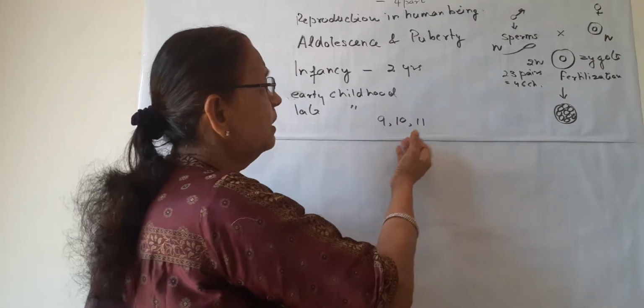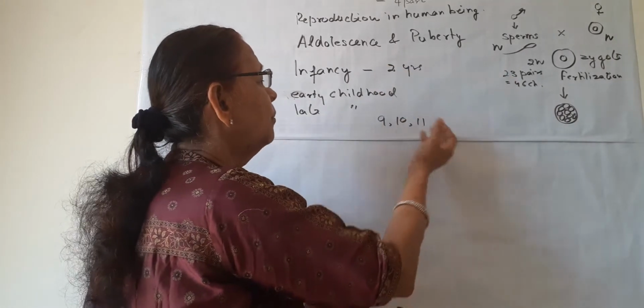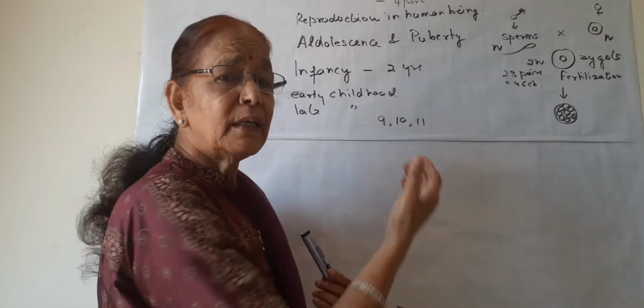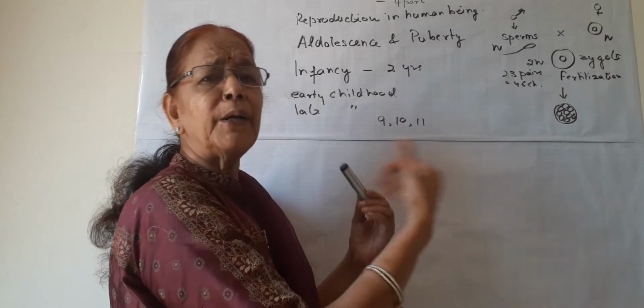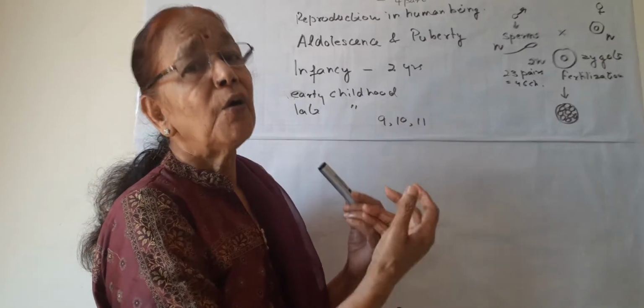So adolescence, both in boys and girls, starts around the age of 9, 10 or 11. In girls, it is slightly prior to the age in boys, about 6 months or 1 year.